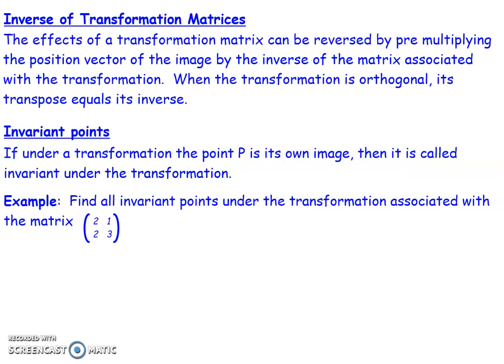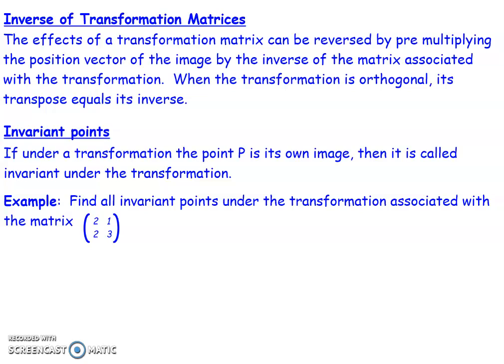So the first thing I want to highlight is about the inverse of transformation matrices. Now the effects of a transformation matrix can be reversed by pre-multiplying the position vector of the image by the inverse of the matrix associated with the transformation itself. So if we find the inverse of that and pre-multiply that point, essentially we're going to reverse the transformation.